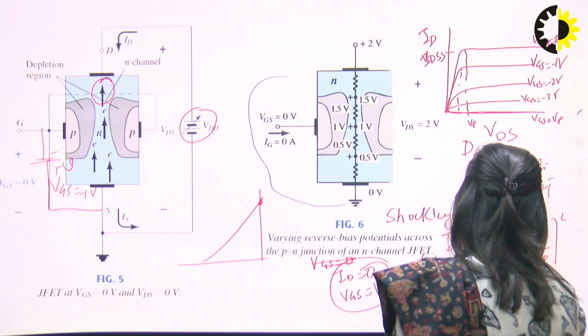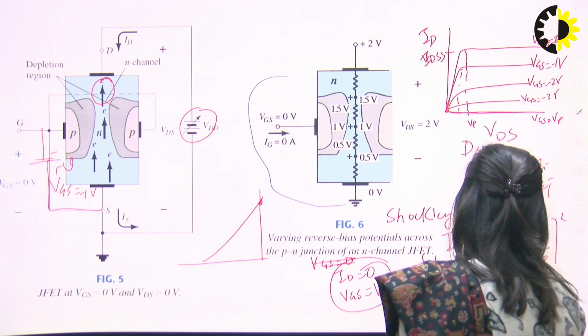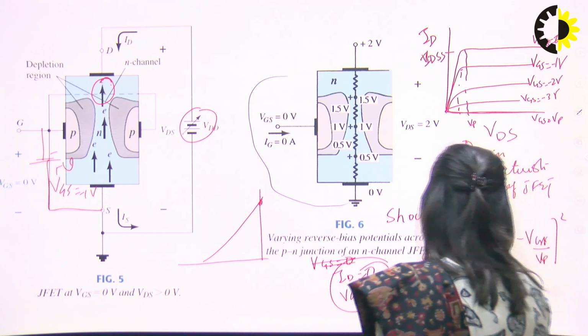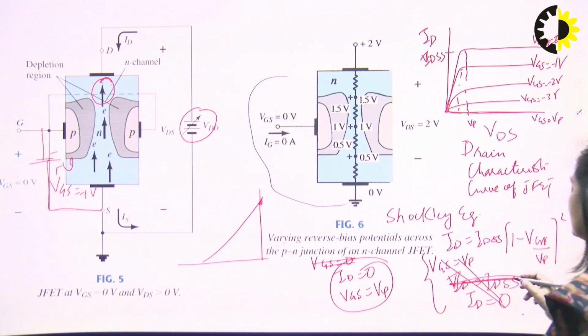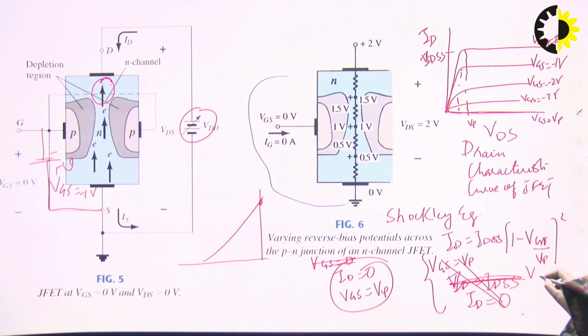So we can see here VGS and Vp. Both these things are same. If we put VGS is equal to Vp, then current will be 0. And if we put VGS is equal to 0, then ID will be equal to IDSS.